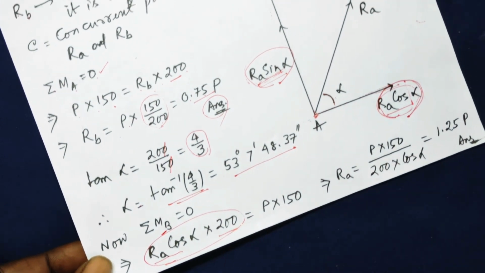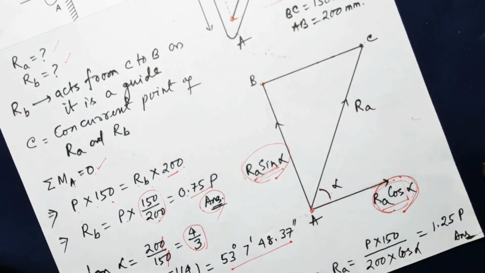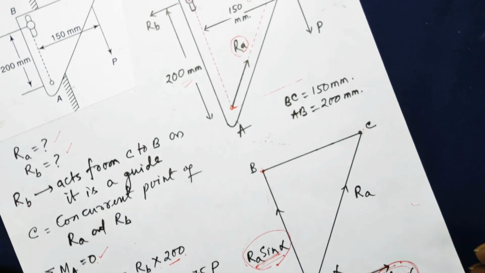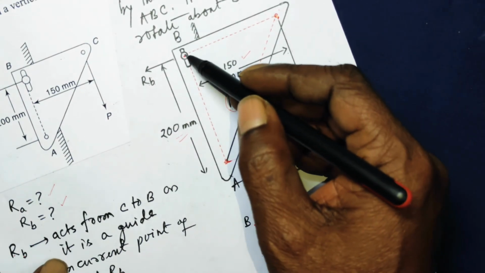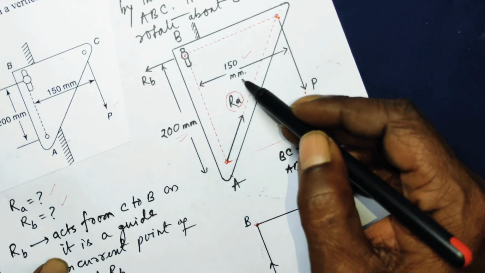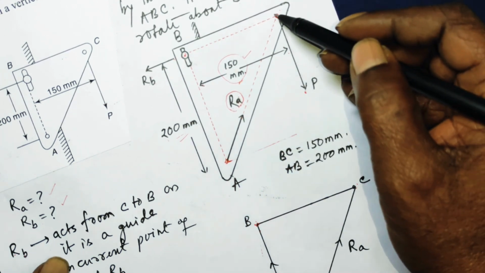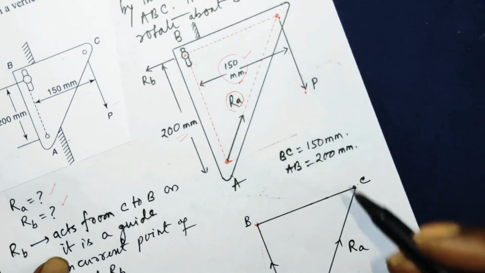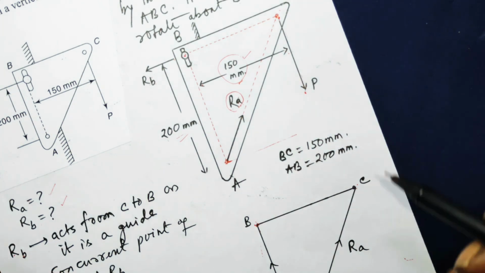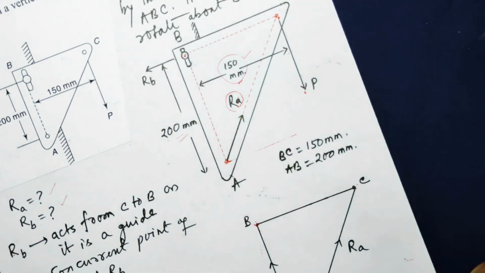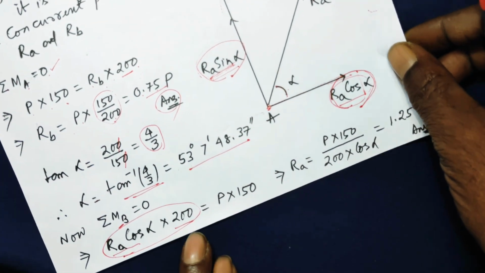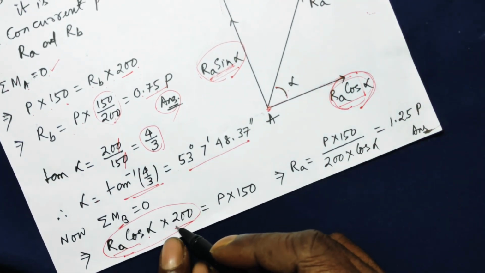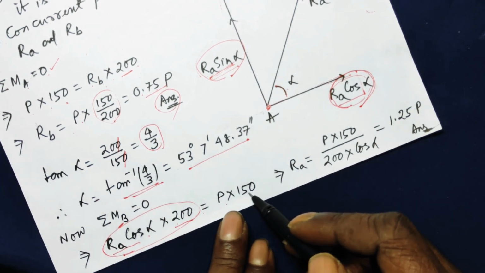And that is balanced by P times 150 mm, since the direction of P from the point B has a perpendicular distance of 150 mm. So P times 150 mm is a clockwise moment about point B. Since it is in equilibrium, RA times cos alpha times 200 is P times 150.